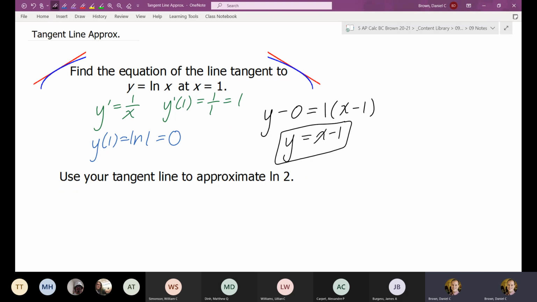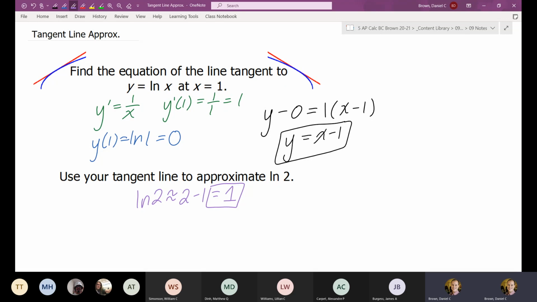So if I want to approximate the natural log of 2, it's going to be approximately what the value of 2 is in the tangent line. Plugging it into the tangent line, we get 2 minus 1, and 2 minus 1 is 1. Now, obviously, we know that the natural log of 2 is not 1. I live in modern times.